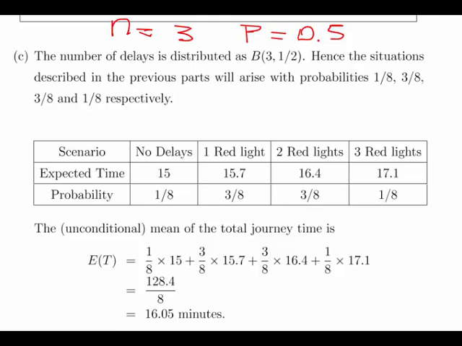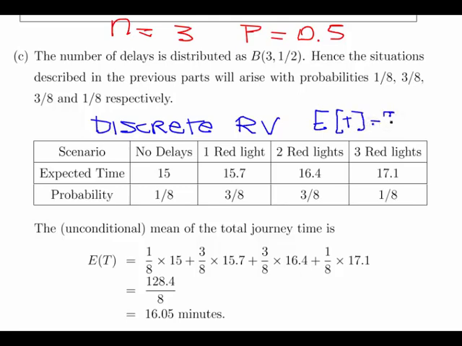Okay, so where do we take it from there? This actually turns into a discrete random variable question. So the expected value of t is essentially the sum of t times the probability of that t. Yeah, discrete random variables.